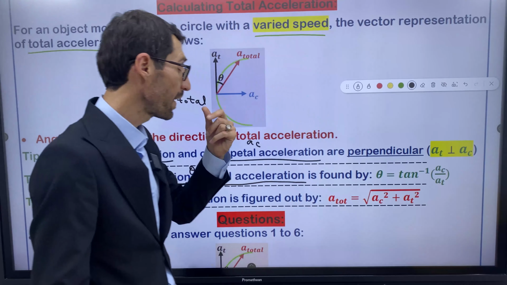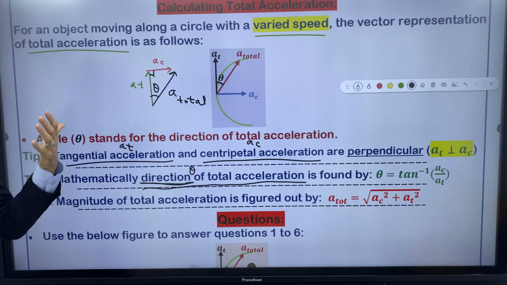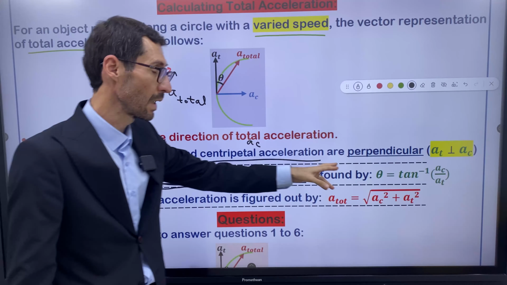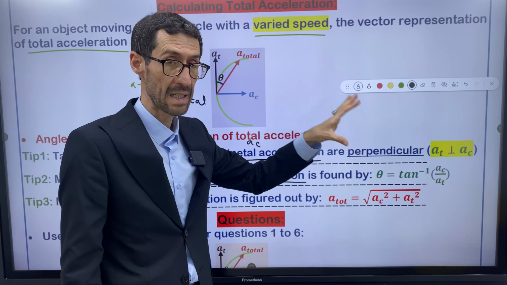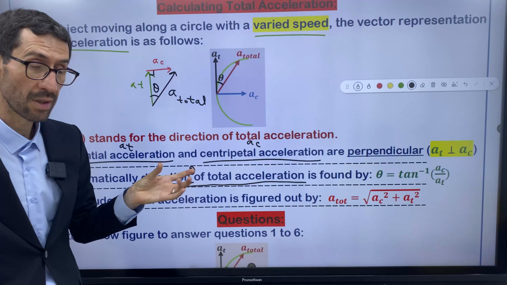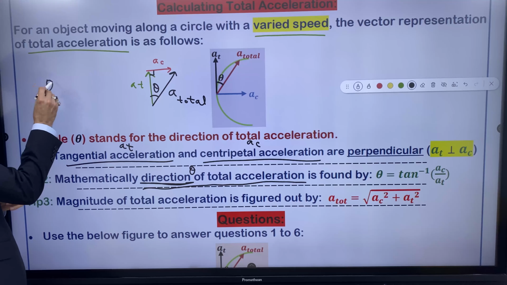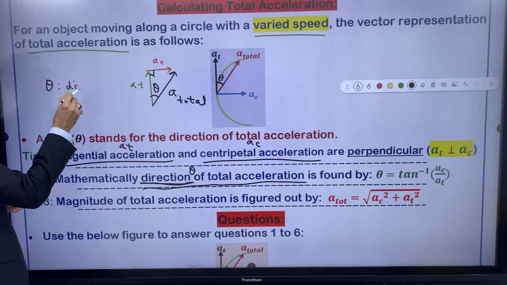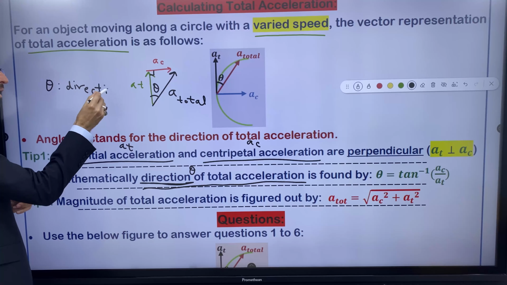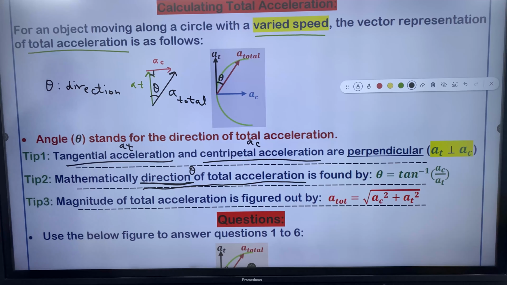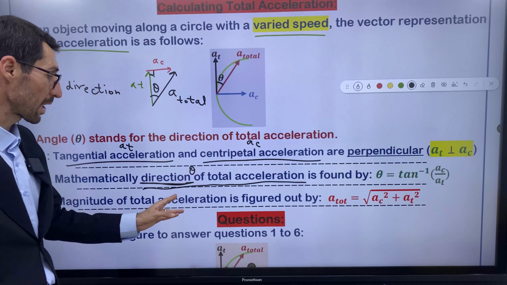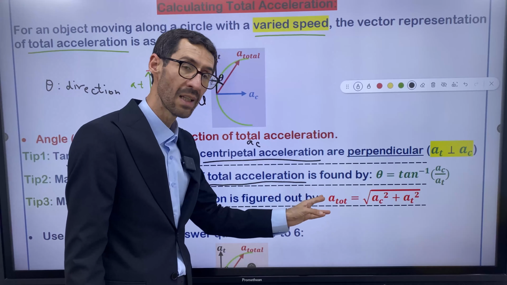So the inverse of the tangent function is used to find the direction of total acceleration. Keep in mind that direction of total acceleration means theta. Cool?